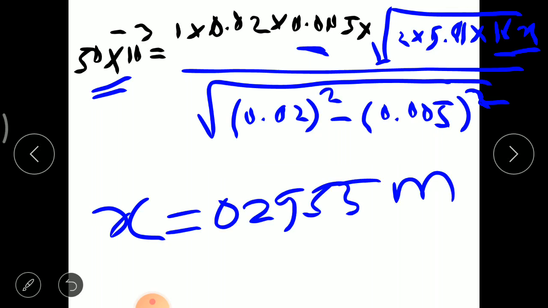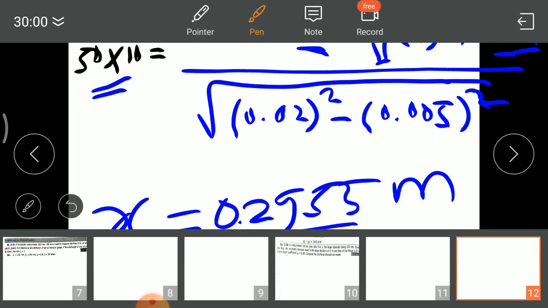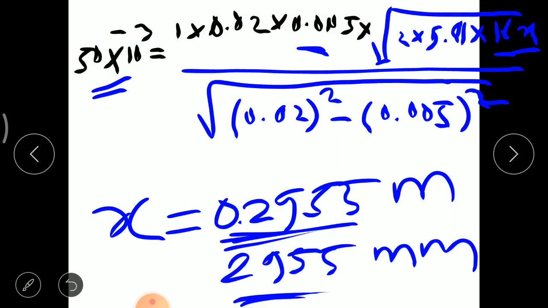If you convert this into mm, it becomes 295.5 mm, and this is our final answer: the deflection of mercury is 295.5 mm, or you can write 0.2955 meter also. In the next lecture we will see the next numerical.